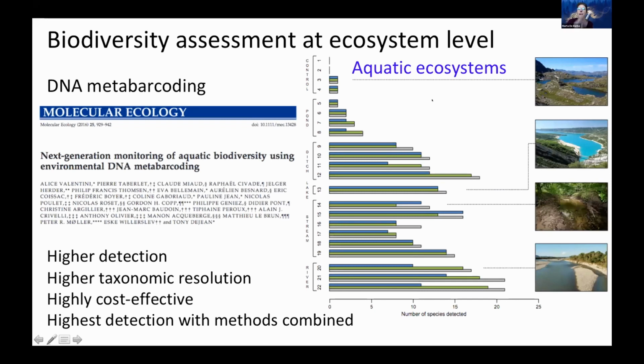still, the best picture of the biodiversity in an area was provided by the combined application of the eDNA method with the traditional method.